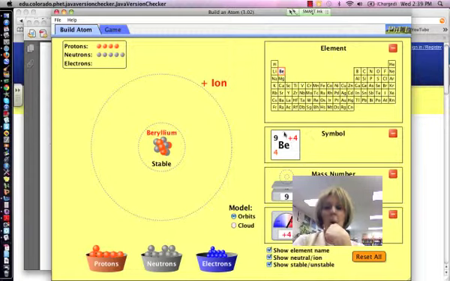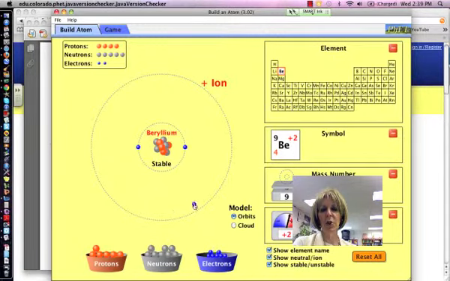Now right now I don't have a neutral atom. Atoms must be neutral, so I need to add some negative charges to make sure that it is neutral. So I'm going to add my electrons. Notice that my net charge is decreasing toward neutral as I add negative charges. This simulation is also showing you where these electrons go, in certain things called energy levels.